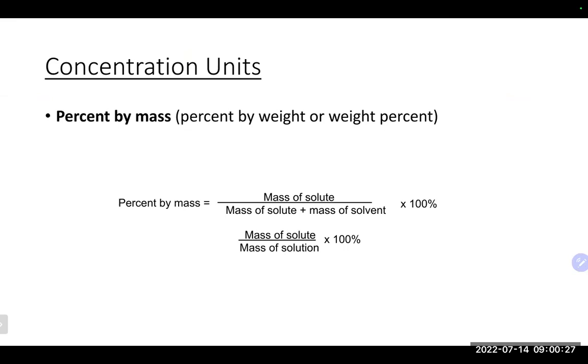One was referred to as percent by mass, or sometimes mass percent, and it's sometimes abbreviated percent m/m. It is the mass of the solute over the mass of the solution. Especially in these type of problems, it is the bottom part that's really important. It is really the mass of the solute plus the mass of the solvent.